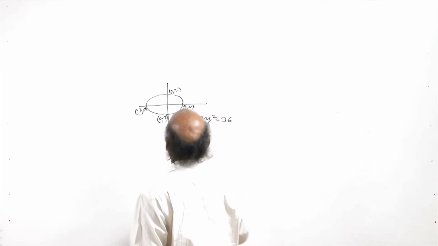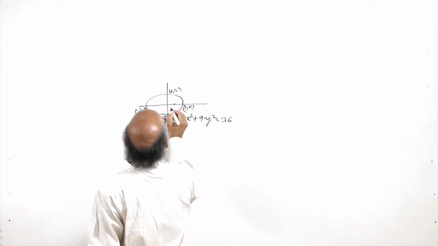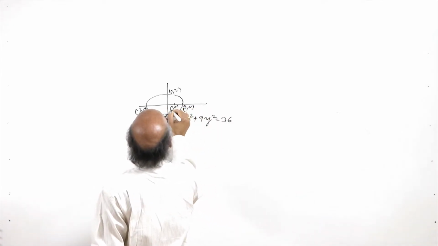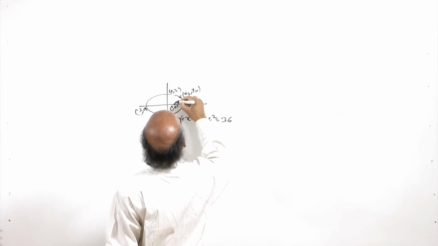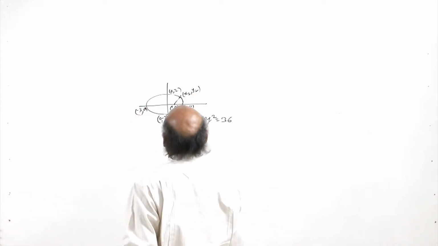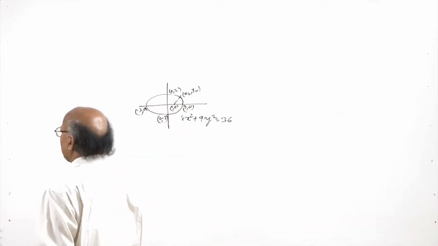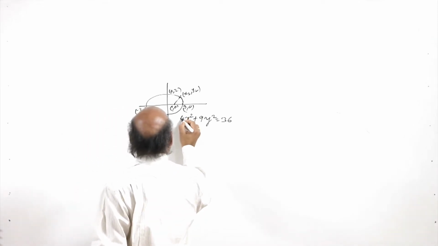Here is the point, let us say, (1, 0), and (x2, y2) is a point here. So the shortest distance occurs along a straight line y = c1x + c2.